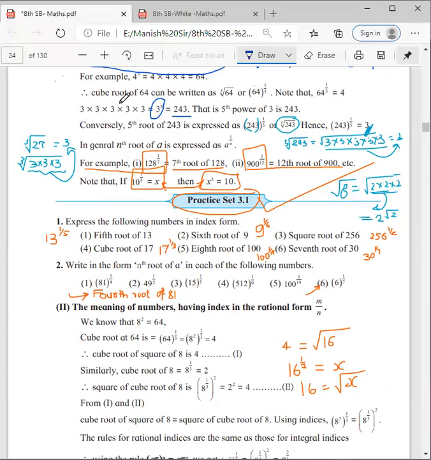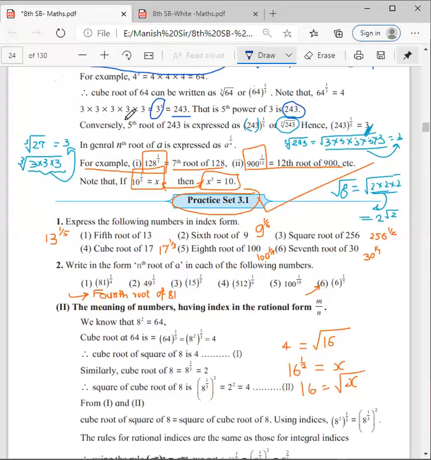Whenever you multiply 3 five times, at the end you will get 243 as the answer. That is the fifth power of 3. Very simple. The fifth power of 3 is nothing but 243.